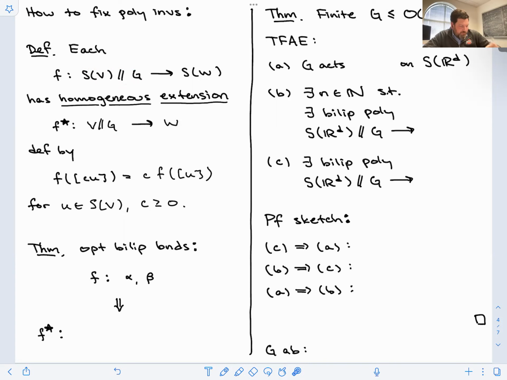So maybe if I have a polynomial defined on the sphere, I can take its homogeneous extension and get something good. It turns out that if f has optimal Bilipschitz bounds alpha and beta, then its homogeneous extension is going to have optimal Bilipschitz bounds given by these numbers.